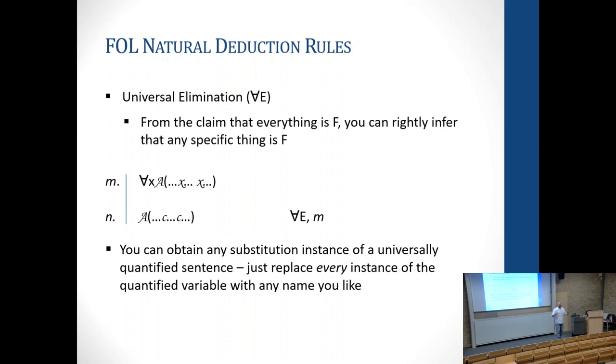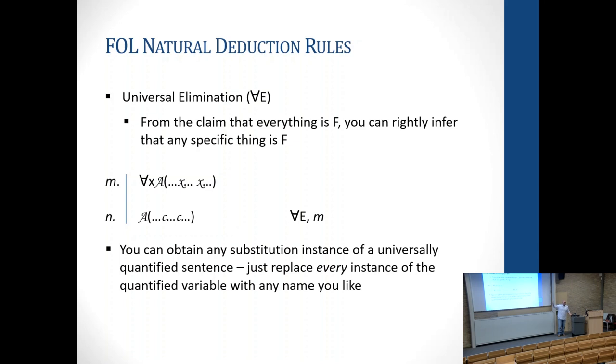So that's our first one, universal elimination. You take the universal and replace the associated variable with any name you want. No restrictions at all. We go from a universal, and then we plug in names.